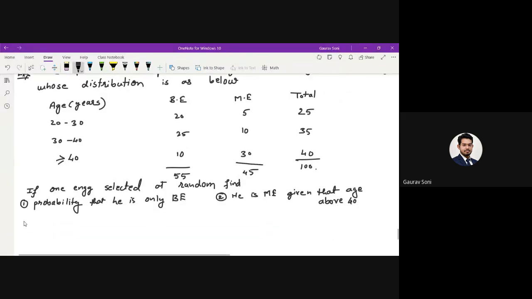And the third one, he is under 30, given that he has an ME degree.